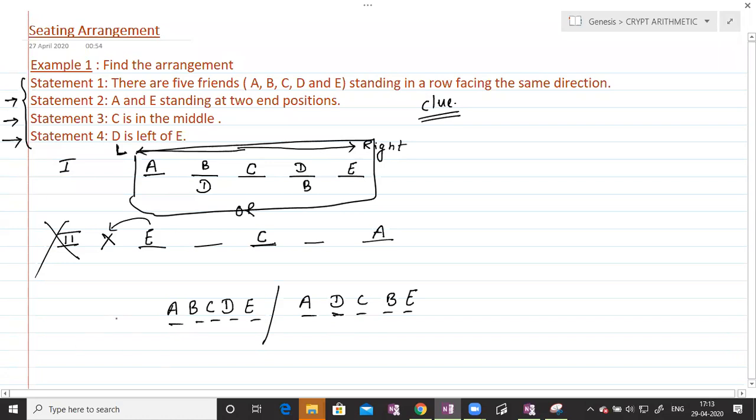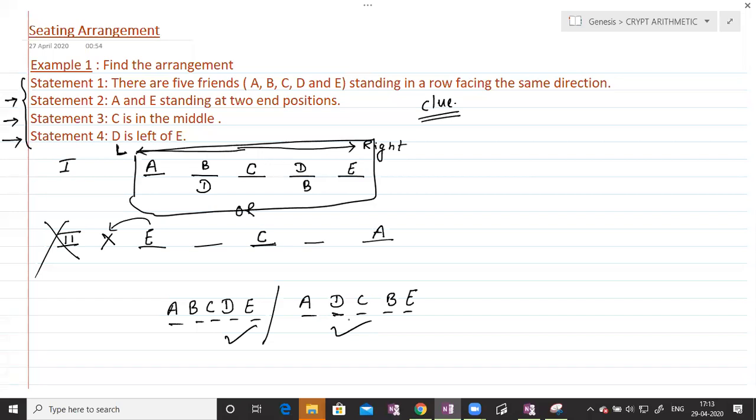My answer must be either this or this, the two possibilities. In both cases, if you try once again, all the statements will be satisfied by these two possibilities. Mustafa, I hope everybody understood. And remember, this is the question people always get confused about.